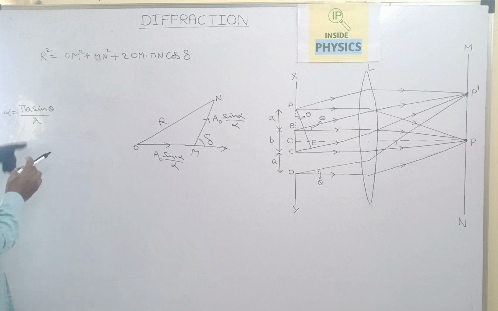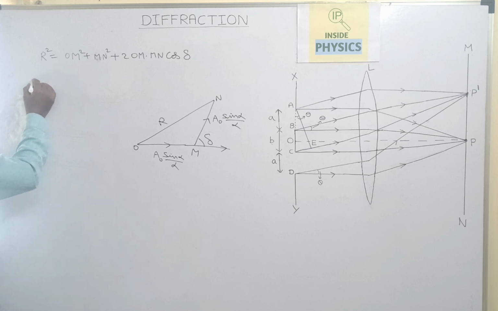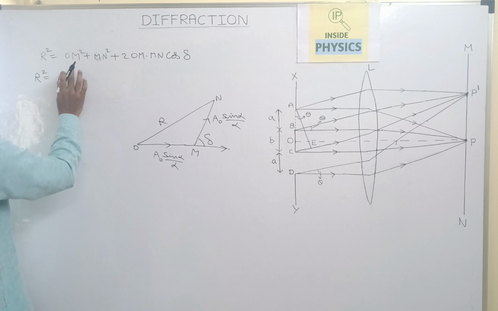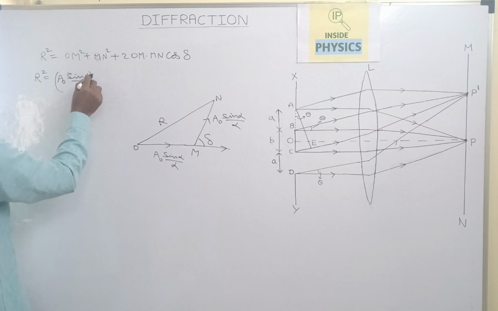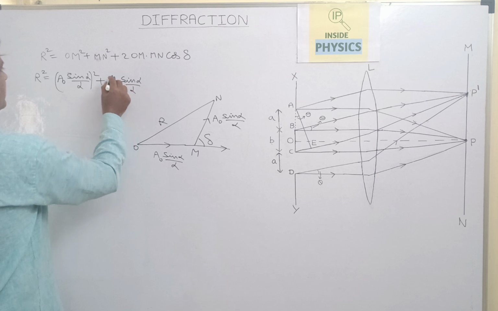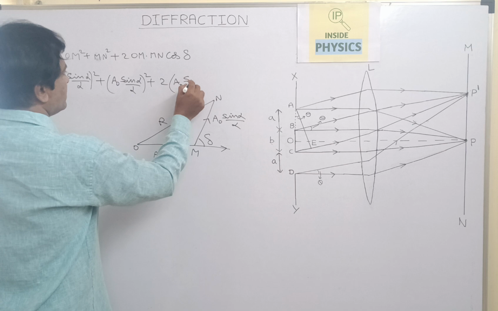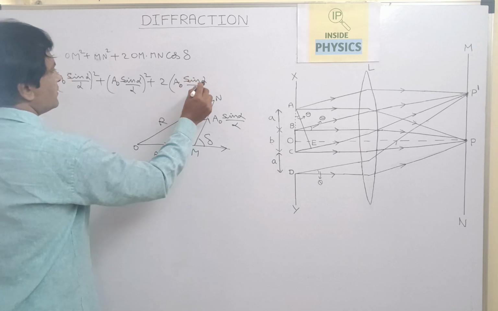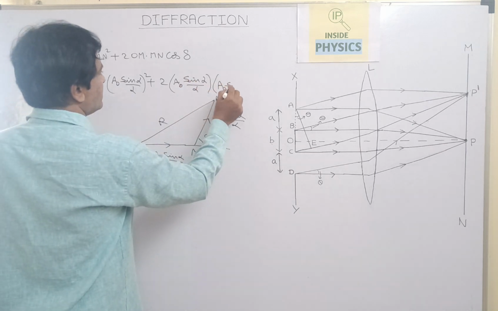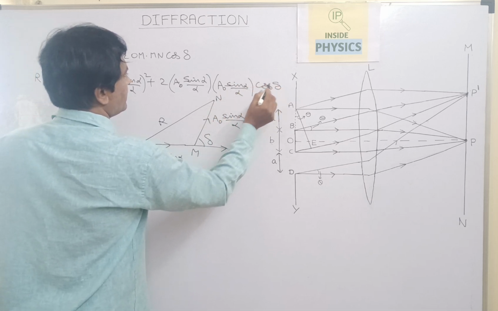So what is the resultant amplitude? We can write R square is equal to (A naught sine alpha by alpha) whole square plus (A naught sine alpha by alpha) whole square plus 2 into A naught sine alpha by alpha into A naught sine alpha by alpha into cos delta.